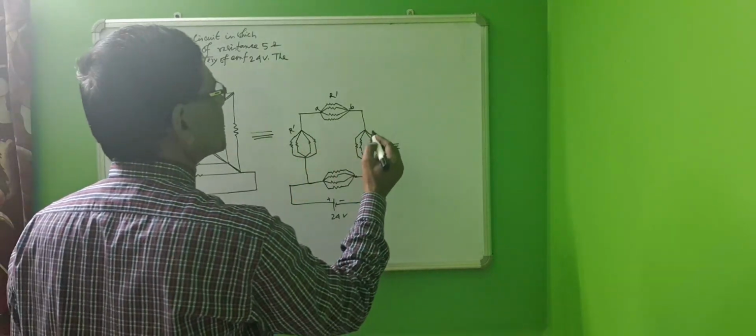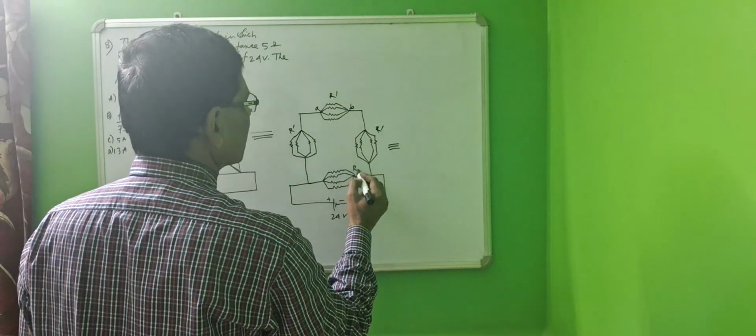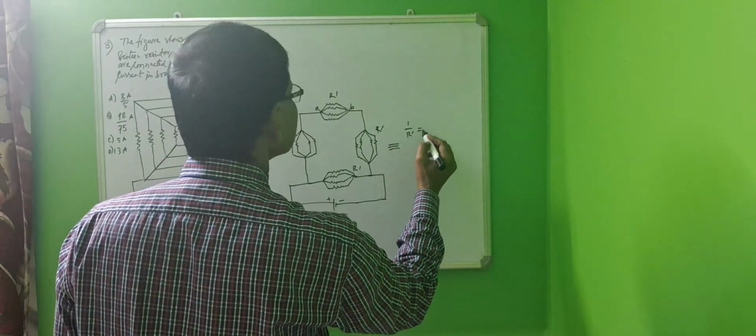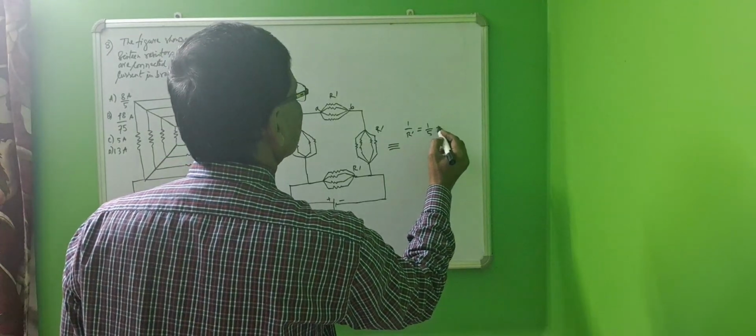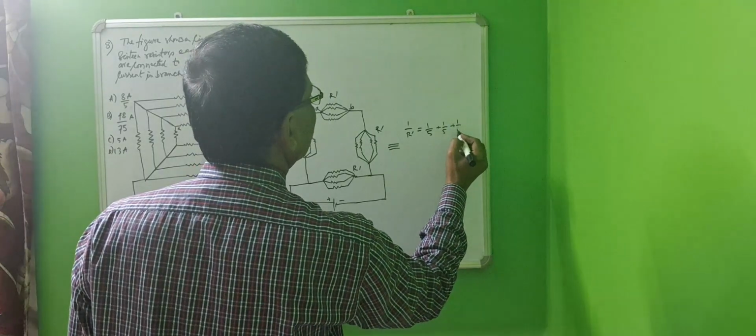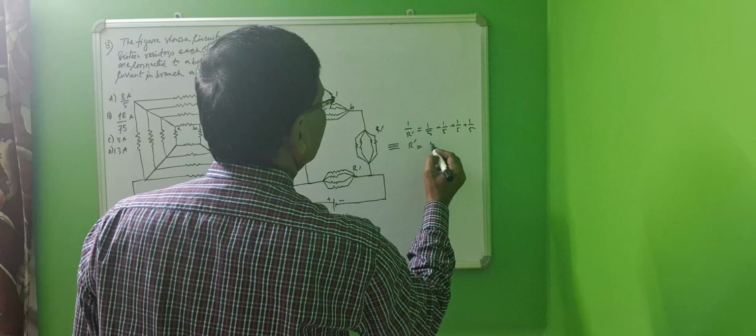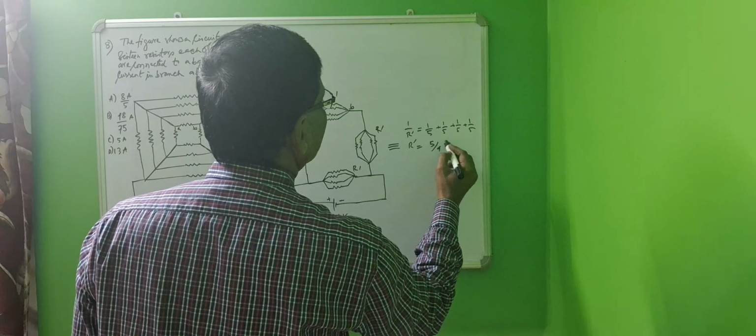Now 1 by R dash equals to 1 by 5 plus 1 by 5 plus 1 by 5 plus 1 by 5, which implies R dash equals to 5 by 4 ohm.